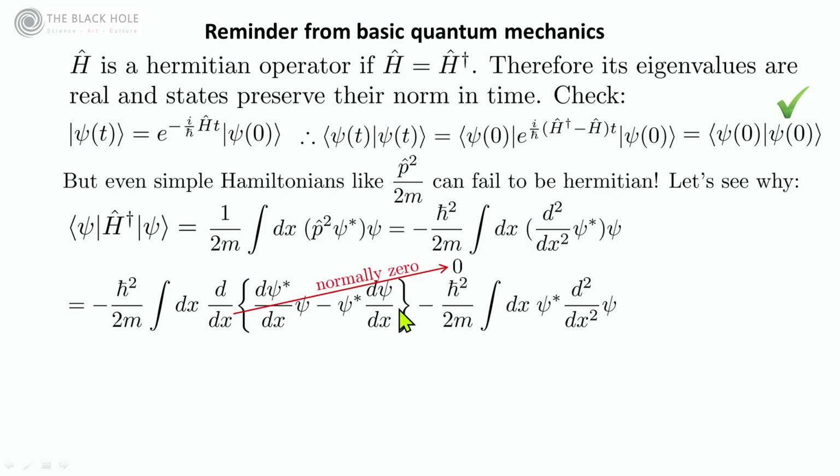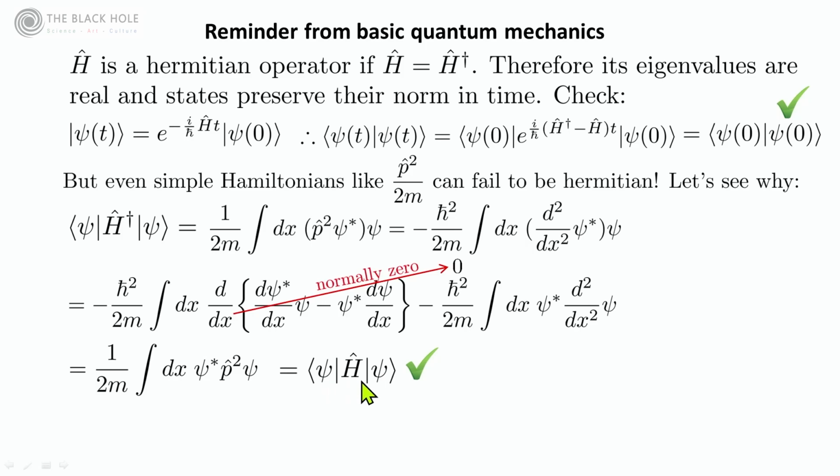If psi is real, then this term over here, which you will recognize as the current, well, that current is not leaking out at infinity. So that's 0, which means that this thing just becomes p squared over 2m, and that's, of course, equal to the norm, that's equal to H psi with psi.